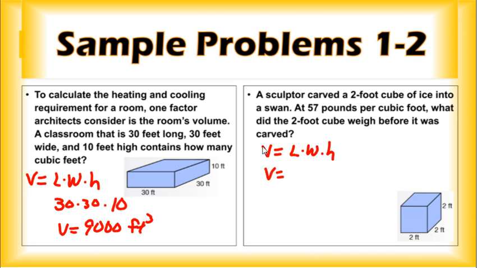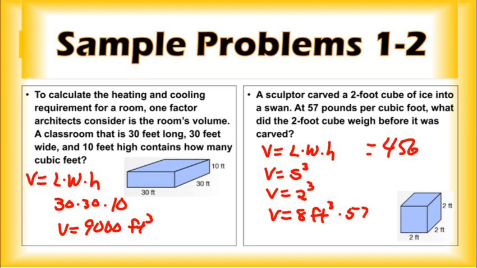We can make this one side cubed because they're all the same. So volume would equal 2 cubed. So the volume would be 8 cubic feet. And each cubic foot is 57 pounds. So if I multiply that by 57, that would give me the weight of the cube before it was carved. And 57 times 8 would be 456 pounds.